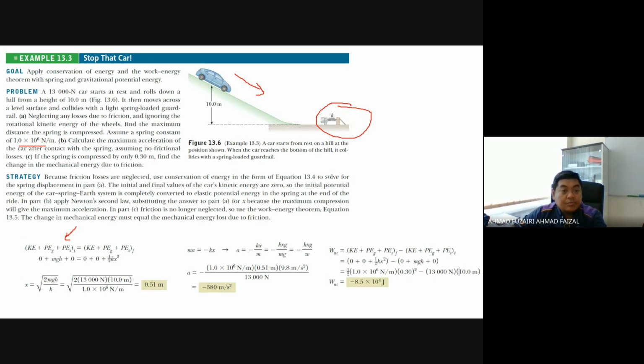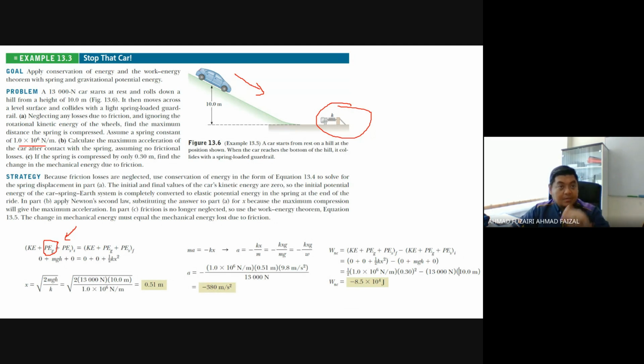So here we have only gravitational potential energy, which is equivalent to mgh. That is the only potential energy that exists at the first stage. When the car is uphill and not moving yet, it has some height, because the car is moving downhill.